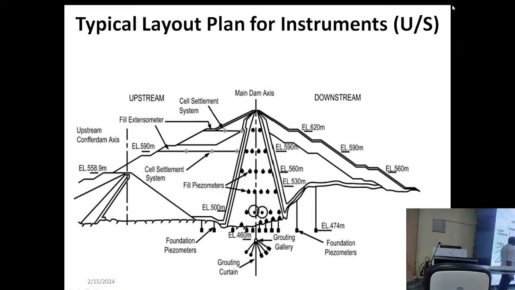Meters are there, up to the inside and the foundation, down foundation.